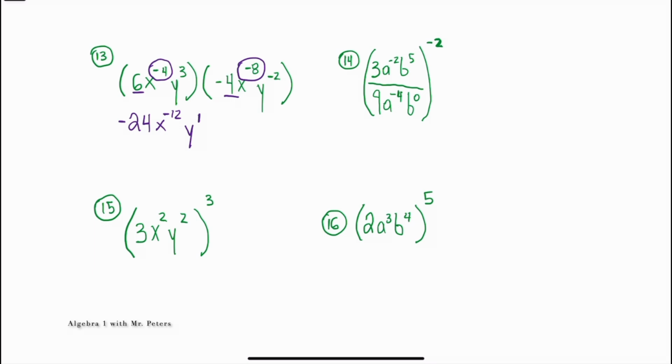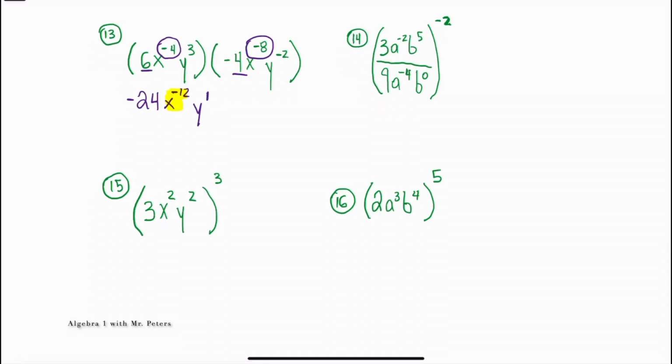Now, the only issue right now with this problem is that we have a negative exponent for x. So what we have to do at this step is to take the reciprocal of only that negative exponent. And as a result, we're going to get negative 24y all over x to the positive 12 power. And this is our final answer. There's nothing more that we could do to simplify this fraction.